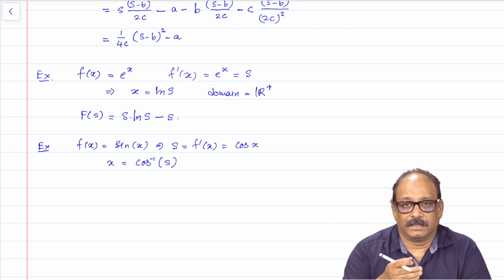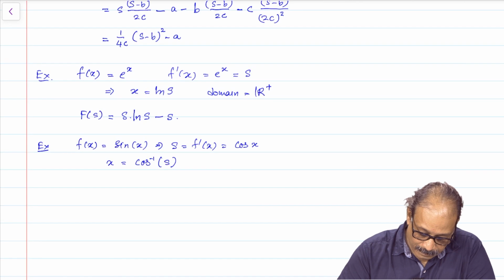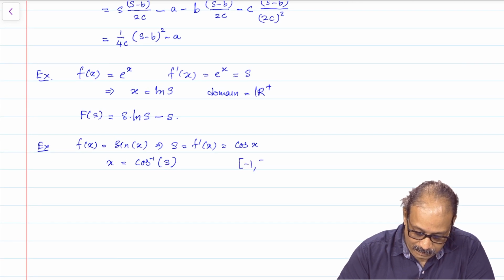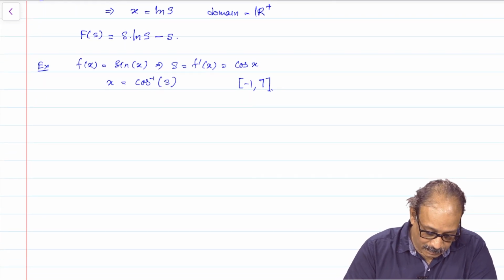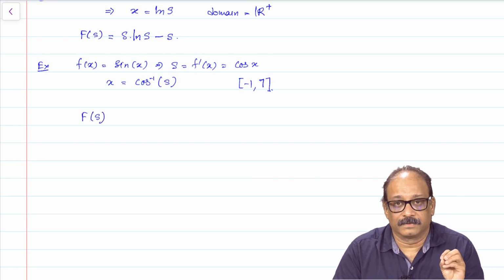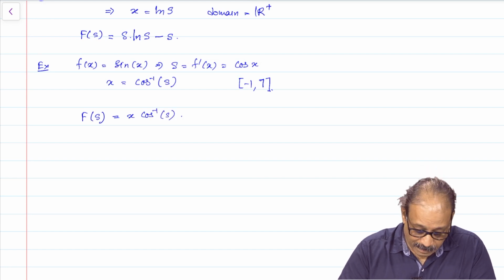And remember, the domain of the inverse function is minus 1 to plus 1. And the Legendre transform of the function small f is again x, which is nothing but cos inverse of s, minus sine of cos inverse of s.